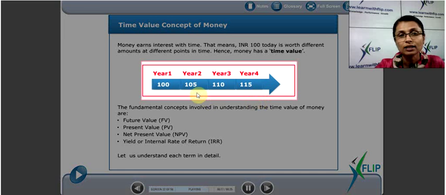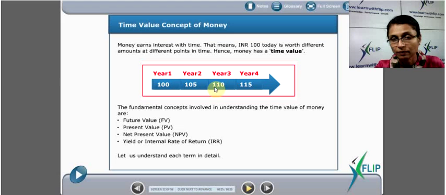If I look at the 100 rupees today and I look at it 3 years later, the value is different. And that is because, of course, the 100 rupees is earning interest. Because of that, money has a time value. It changes value with time.